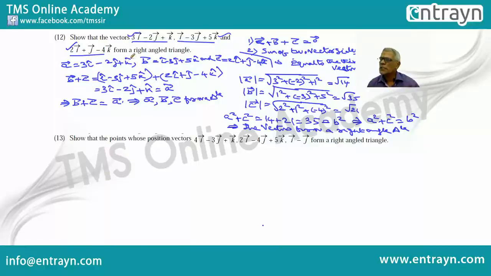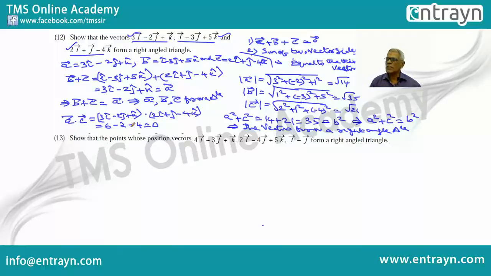Listen here, you see a vector dot c vector is 0. a vector dot c vector is 3i minus 2j plus k dot 2i plus j minus 4k, which is equal to 3 into 2, 6, minus 2 into 1 is minus 2, 1 into minus 4 is minus 4, which is 0.